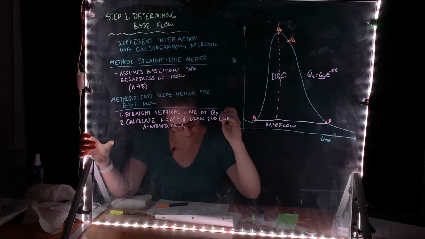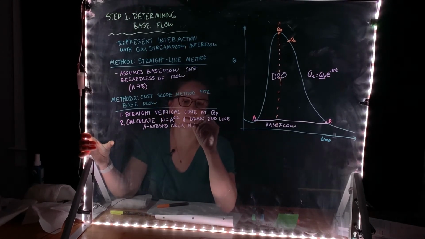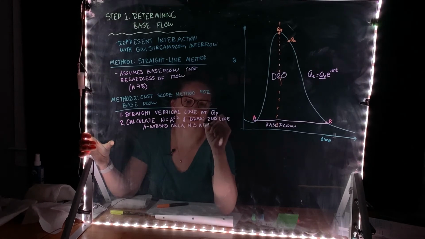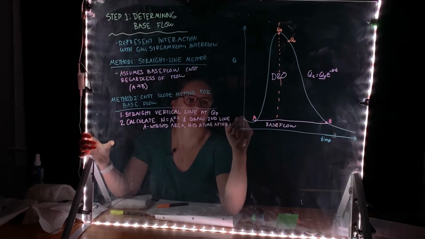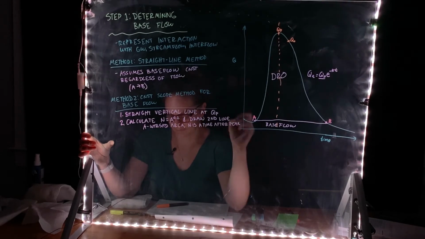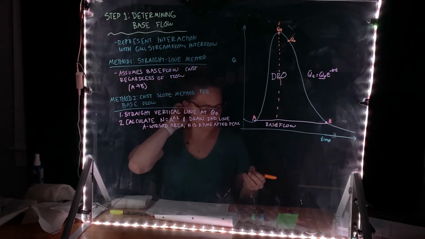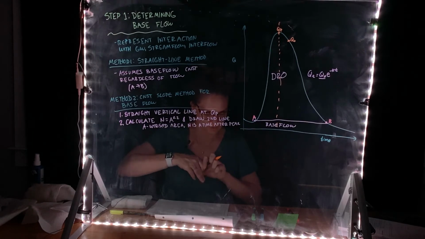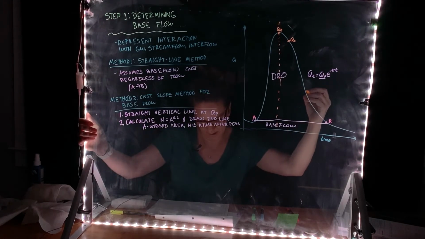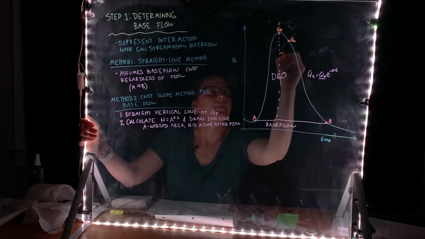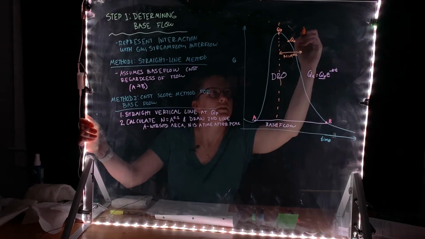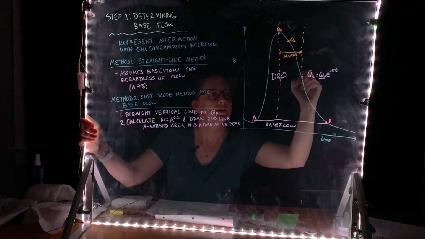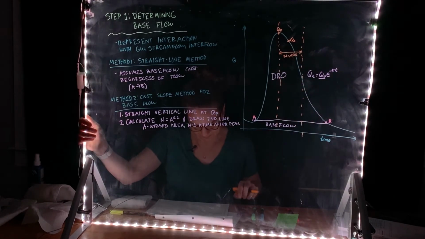And N is some time after the peak. Okay, so I'm going to just draw a line here. I'll call this N equals A to the 0.2. Draw my second vertical line.